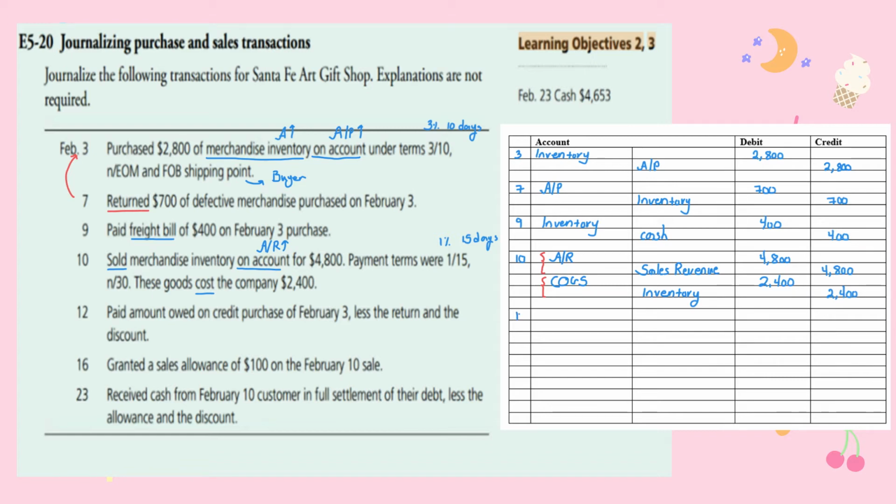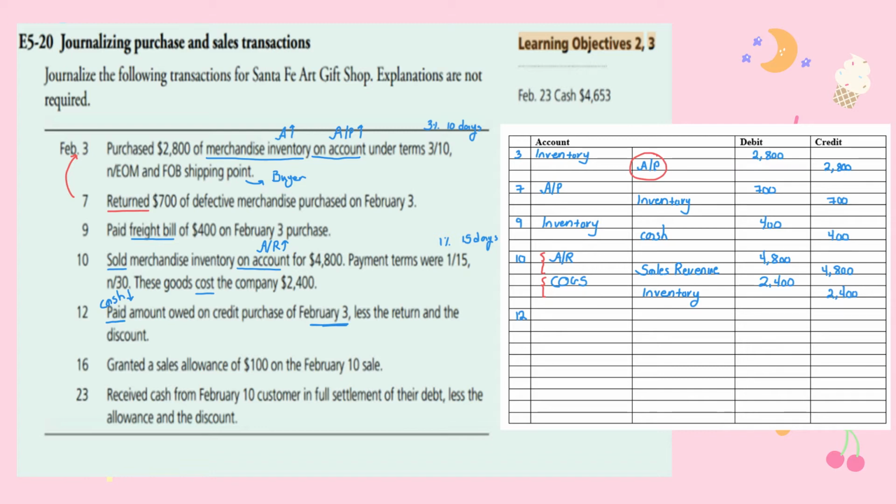Now on February 12th, paid the amount owed on credit purchase of February 3rd, less return and discount. Paid means cash will go down. So if you go back to February 3rd, I purchased inventory on account, so I recorded accounts payable.